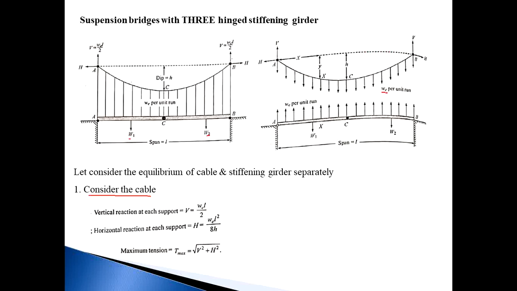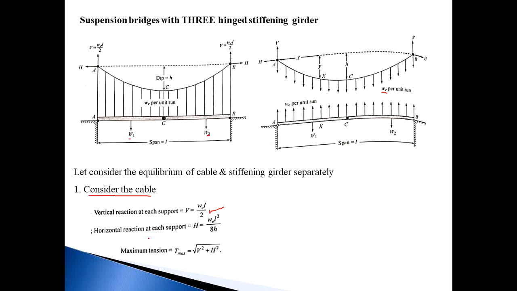The intensity is WE and the length of the girder is L. So total load is WE into L, and the number of supports is 2, so divide by 2. The vertical reaction at each support is WE into L divided by 2.